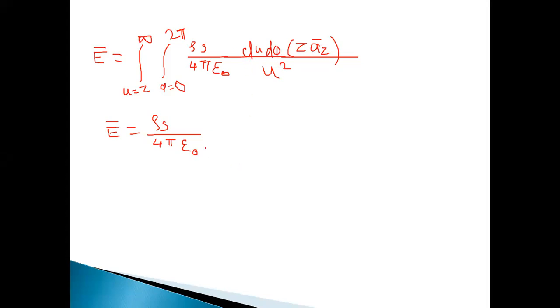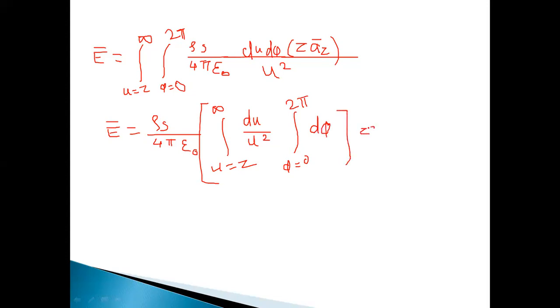These terms are constant, so the integration from u equal to z to infinity of du divided by u square, and keep the bracket, and the integration from phi equal to 0 to 2 pi, only one term is there, that is phi, into this z a bar z.